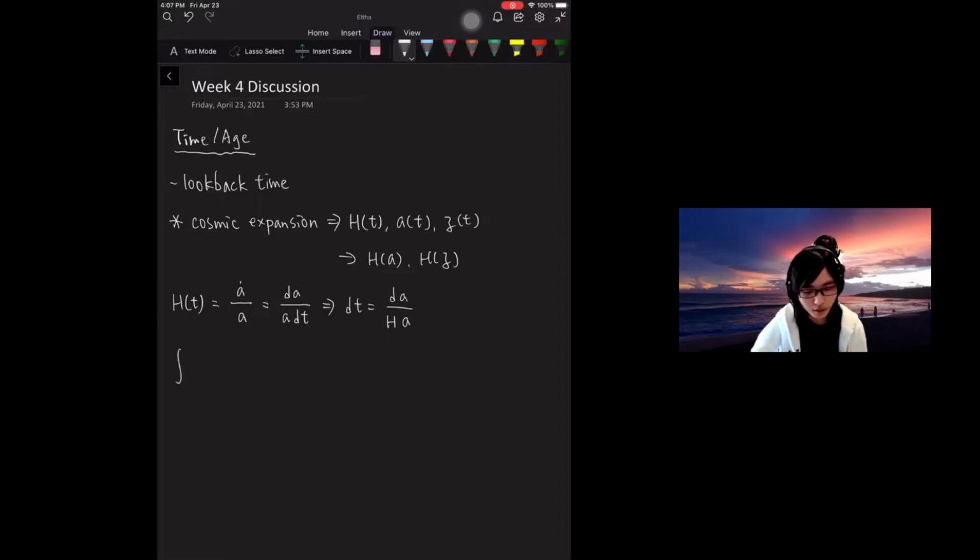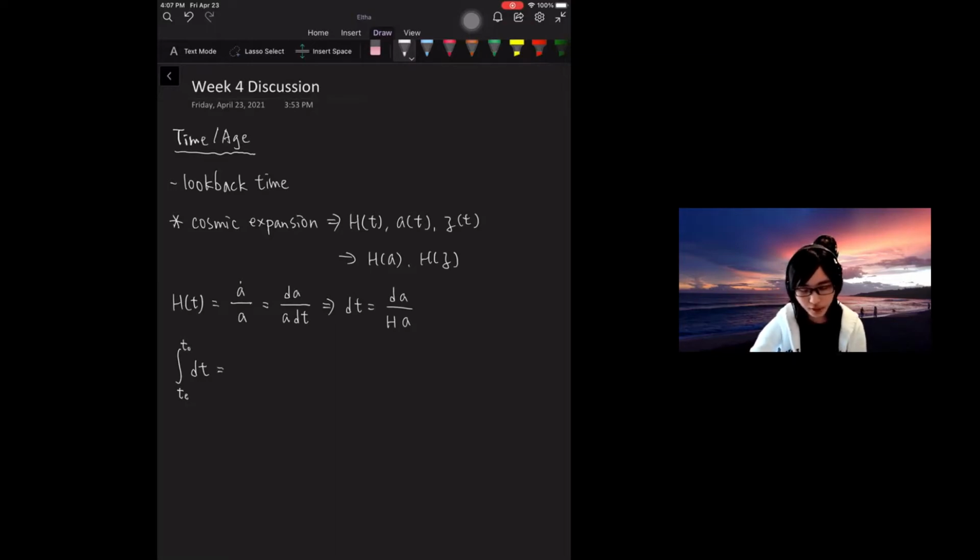So I'm using look-back time as an example, which means look-back time is the time when we look back from now to a certain time or a certain redshift, right? So the limit of this integral will be from the time when the light was emitted, at any point we're interested in, to t0, which is the present time.